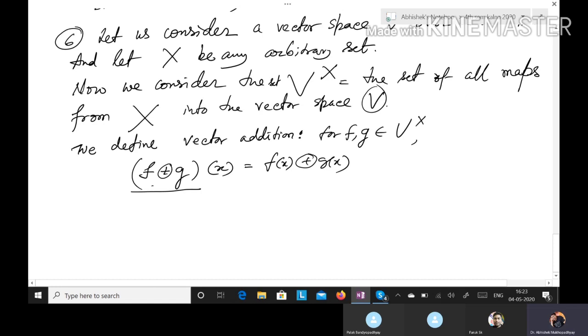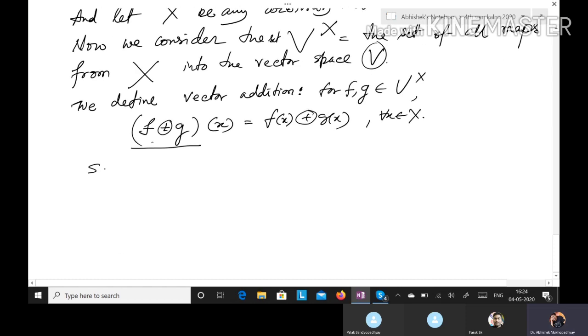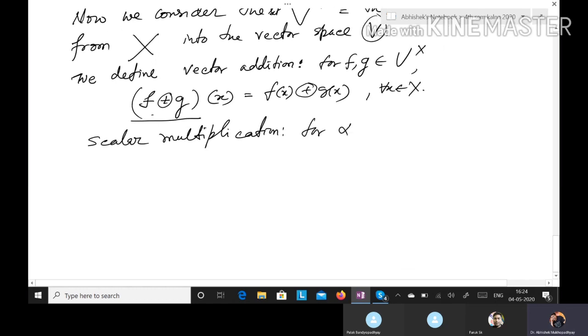You are defining this one, and this has been defined already in the vector space V. So (f plus g)(x) is f(x) plus g(x) for all x belonging to capital X. And for scalar multiplication, for any scalar alpha belonging to F, we need to define alpha f at each point of X, that is, (alpha f)(x) is alpha times f(x) for all x belonging to capital X.